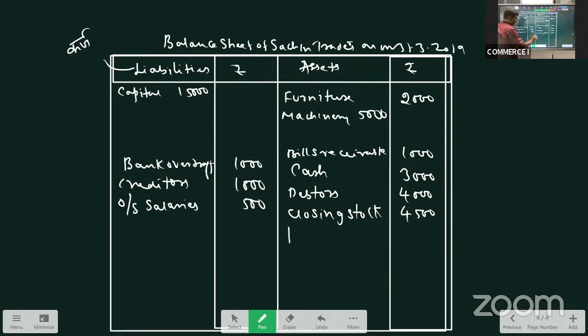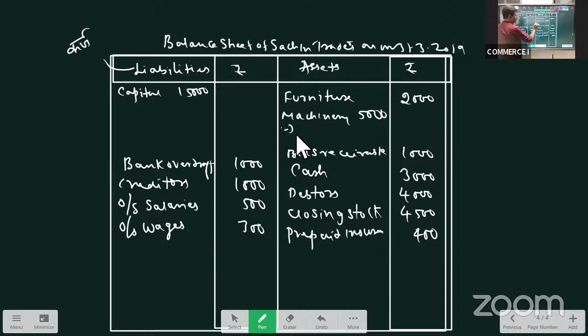Any expense paid in advance is an asset. Prepaid insurance 400. Then outstanding wages. Outstanding means the date has passed and the amount is not paid. It's an obligation. Outstanding wages 300.